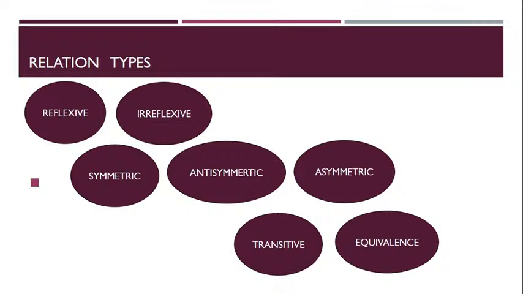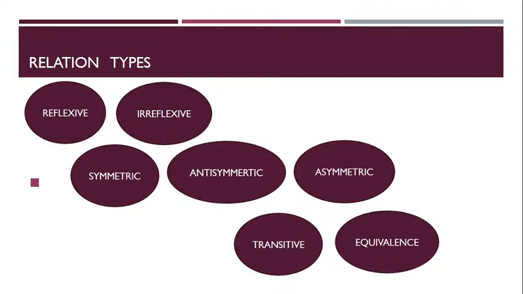Reflexive and irreflexive, these two are very much related with each other, that's why I have put them within the same line. Similarly, symmetric, antisymmetric, asymmetric have some relation, or certain property wise match is there, that's why I have put them in the same line. Transitive is a separate thing.